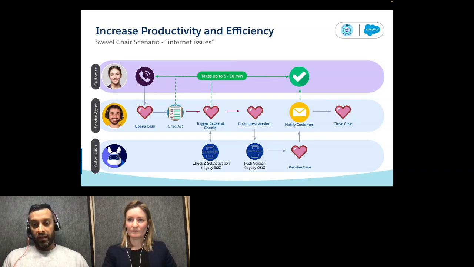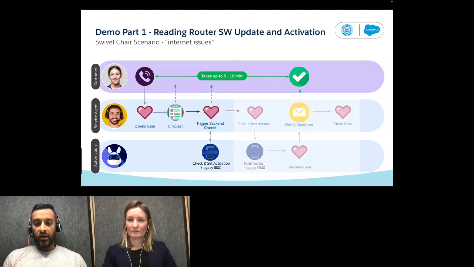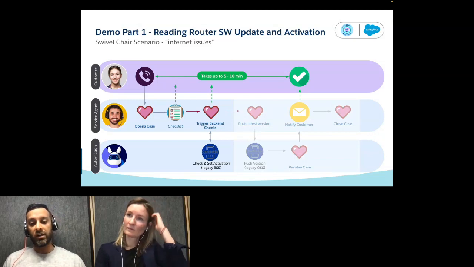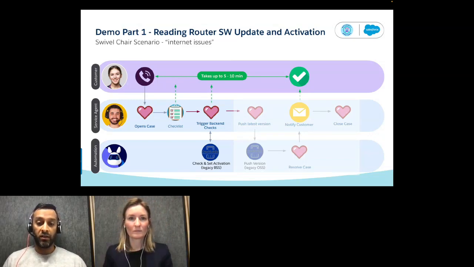So also, as I was talking already, this is not like a fully automated scenario. We have two parts. Also in this use case, the very first part is really checking the activation, checking the firmware, and setting then, if it's not already activated, the subscription, and make it active. In the first scenario Chris can directly trigger these backend checks and actions from Salesforce Service Cloud.